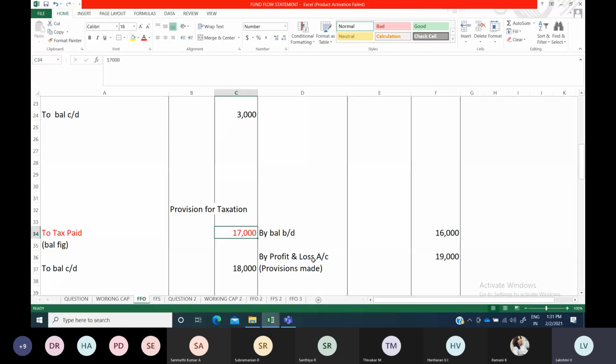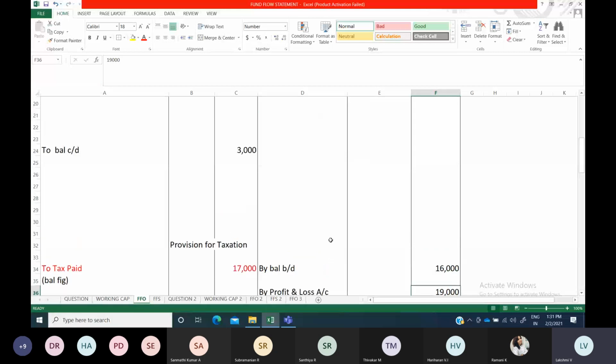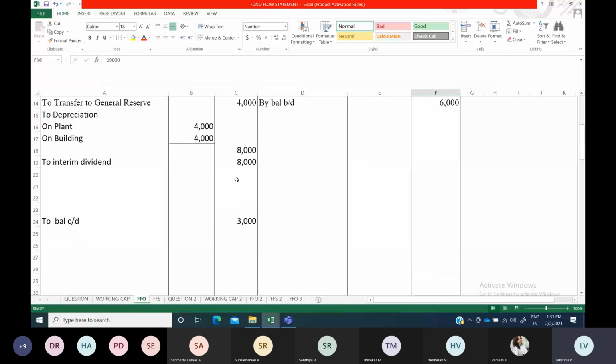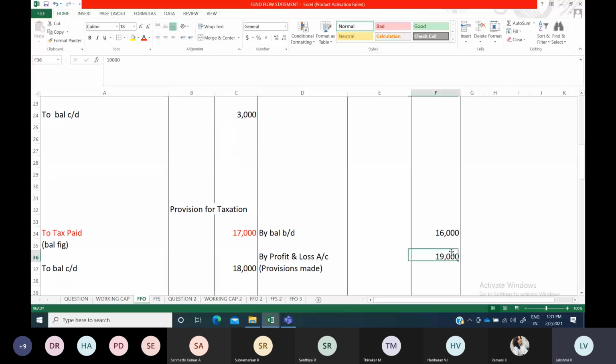And whatever provision we have made during the year will be taken to the adjusted P&L account. So provision made during the year, this amount will be taken to adjusted P&L. So now we are doing that adjusted P&L account, this 19,000 will be brought, whereas this tax paid amount will be taken to the fund flow statement, under applications of funds. We have to mention it there.